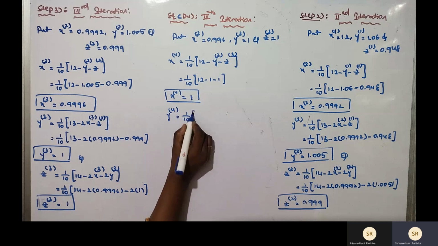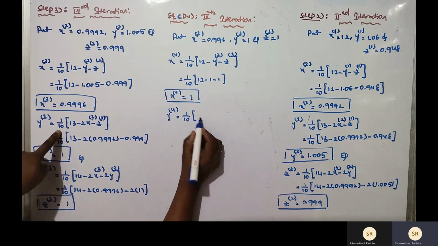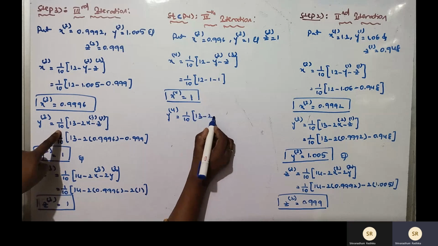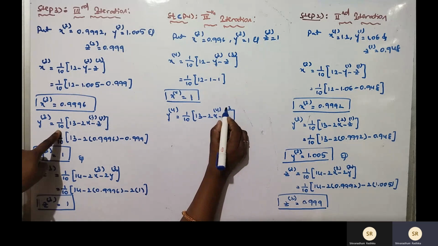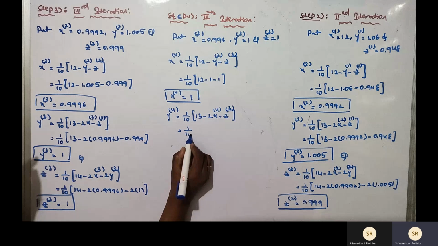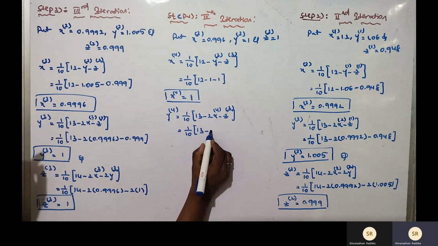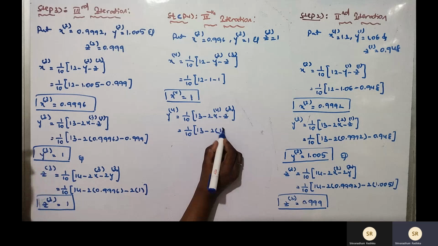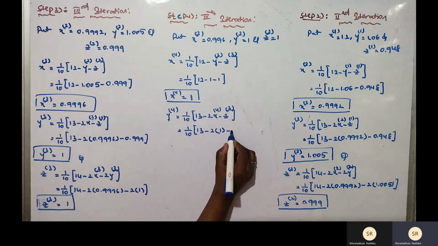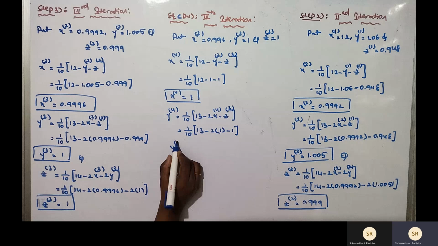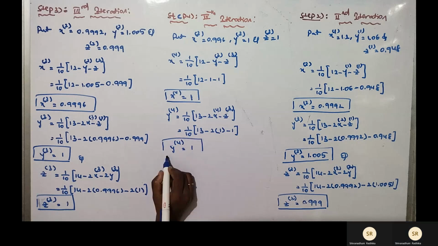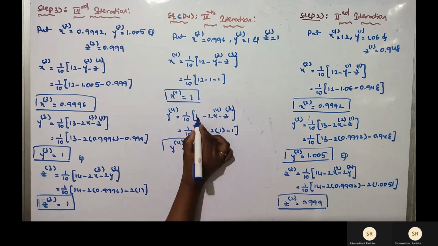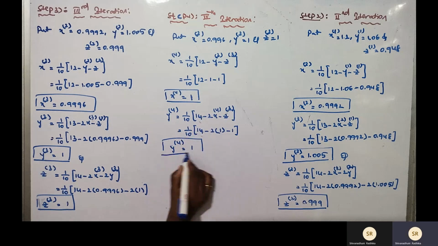So y equation 1 by 10 into 13 minus 2x minus z. For the x, last approximation is the 4, z last approximation is the 3. Just substitute the values: 1 by 10 into 13 minus 2 into x fourth approximation is the 1, z last approximation is also 1, that is Z3. Y fourth approximation, the value I am getting here is the 1.